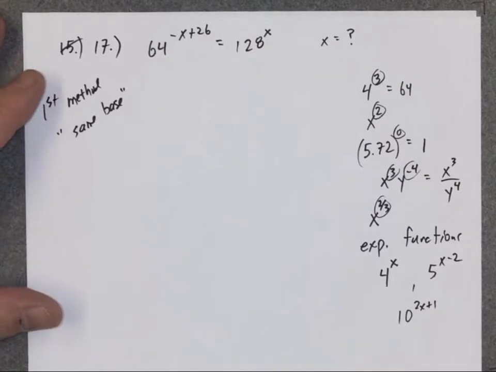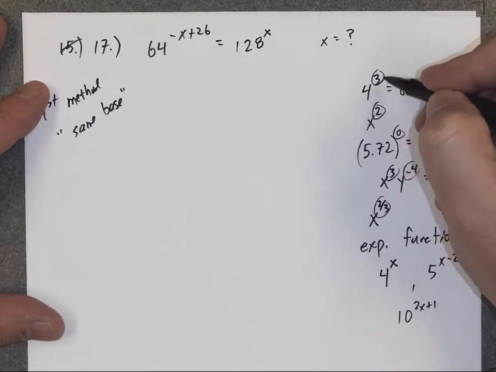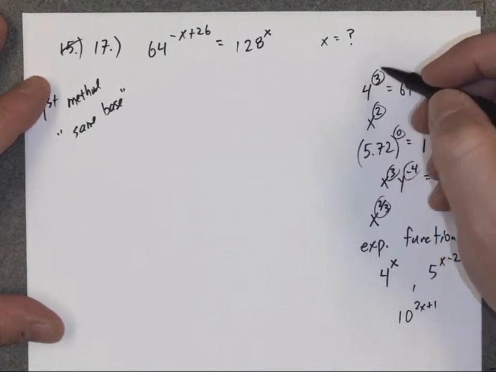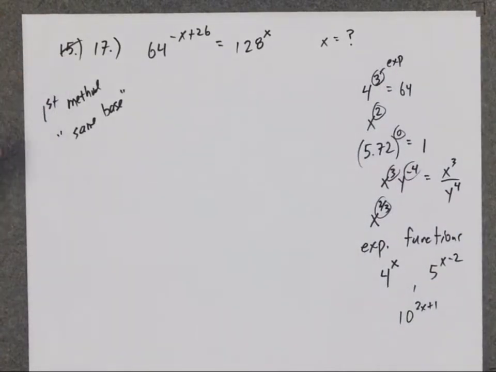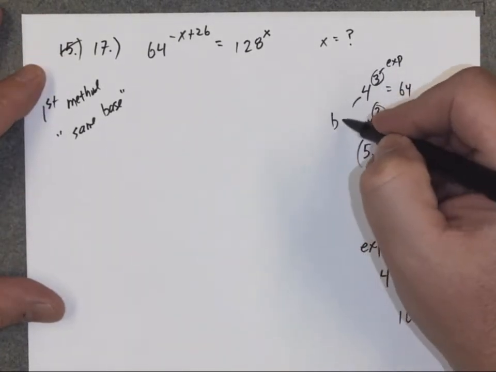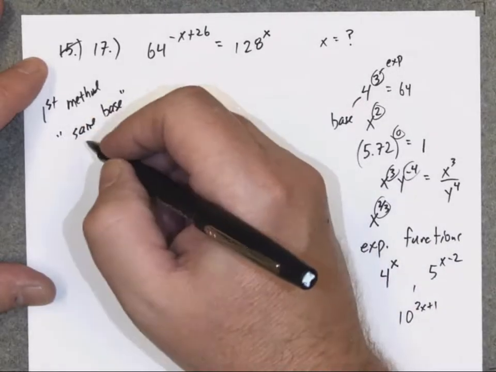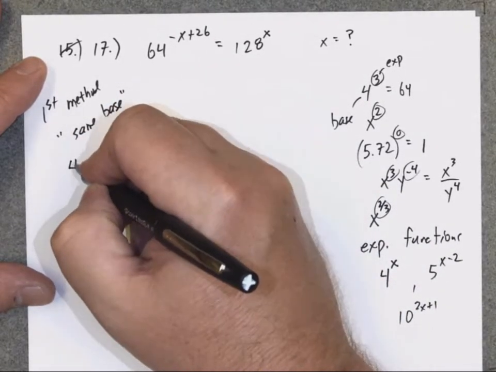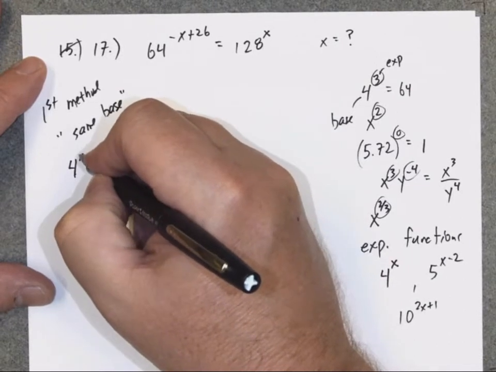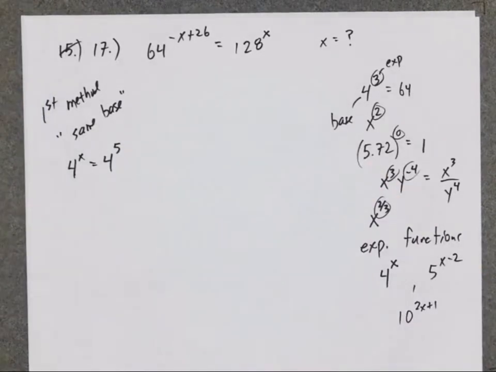You recall when we have an exponent, like over here, 4 to the third, even though in math we call this whole number an exponent, really, the exponent is this number up here, and 4 is called the base. What if I gave you an equation like this? 4 to the x equals 4 to the 5th.